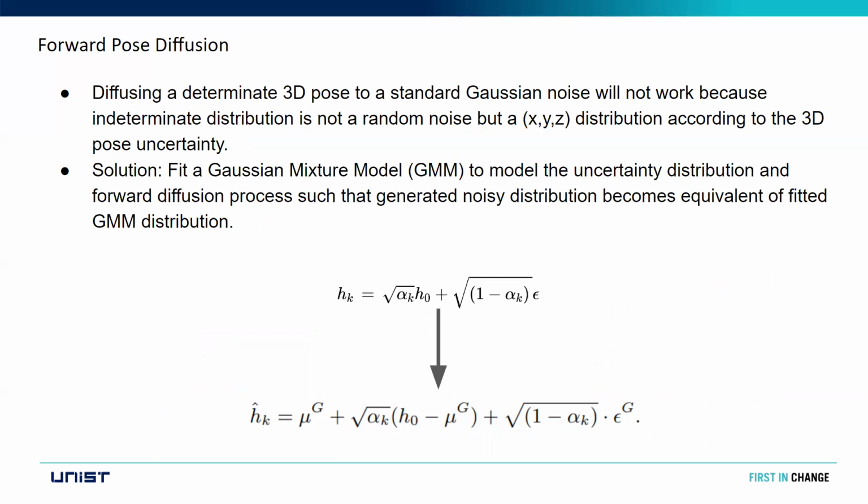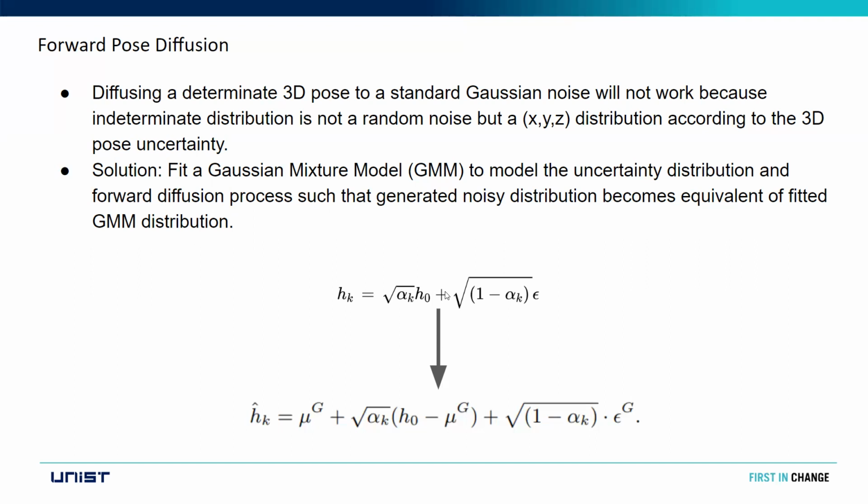Also, random Gaussian noise will not represent every 3D pose, because 3D poses are unique in a sense, and they have complex shapes in terms of their distribution. So the solution they come up with is to fit a Gaussian mixture model to model this uncertainty distribution, and forward diffuse poses such that the generated noisy distribution becomes equivalent to the fitted GMM distribution that we want to reach.